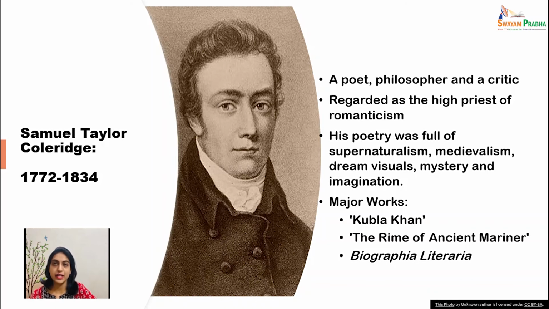He is regarded as the high priest of Romanticism for his mystical and imaginative writings. His poetry was full of supernaturalism, medievalism, dream visuals, mystery, and imagination. Kubla Khan and The Rime of the Ancient Mariner are the major poetic works of Coleridge.